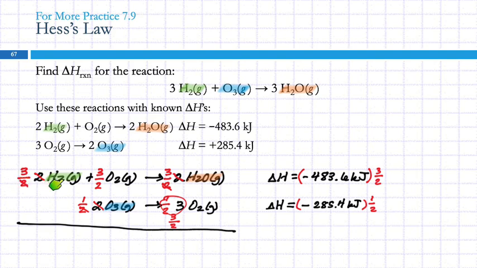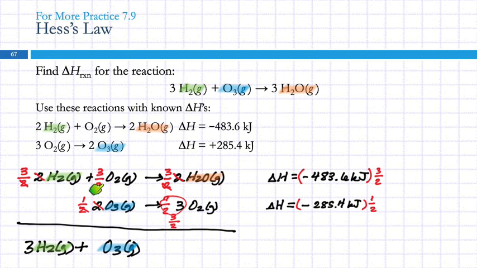So here I have 3H2. That was that green one. Plus, here's my O3, and these worked out to be 1. So O3 gas. Now we need to see what's going to happen with those unhighlighted things.